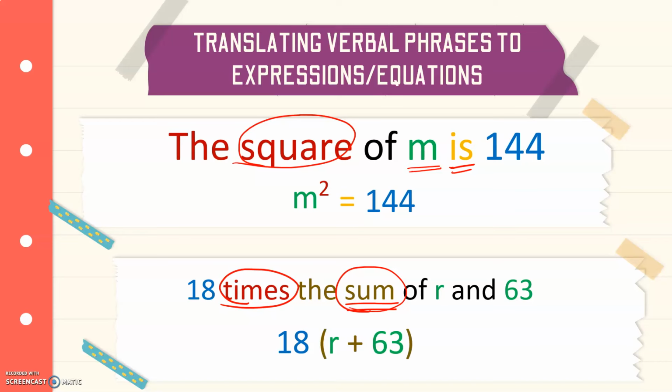We'll put a parenthesis for r plus 63 to make sure that we'll perform first addition before multiplication. Once you get r plus 63, you may now multiply it to 18. Again, there's no need for us to put the multiplication symbol here anymore, because parenthesis also serves as a symbol for multiplication, aside from a grouping symbol.